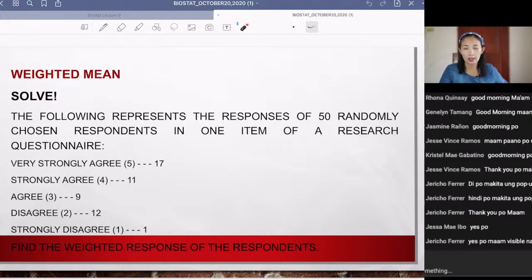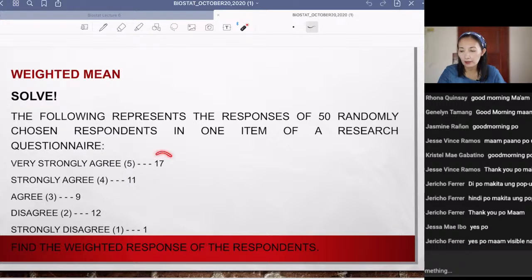So later, when you will be administering a survey or doing your own research and you make use of a questionnaire with the following responses: strongly agree 5, agree 4, undecided 3, disagree 2, strongly disagree 1, find the weighted response of the respondents.